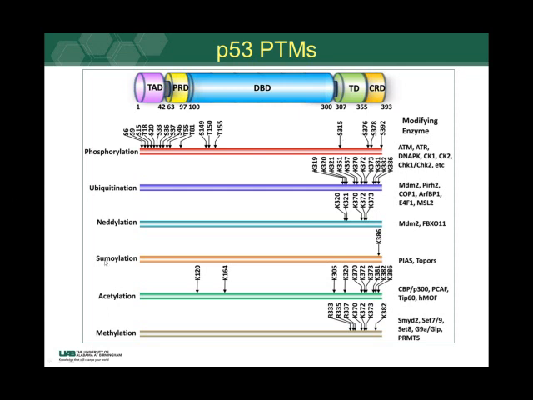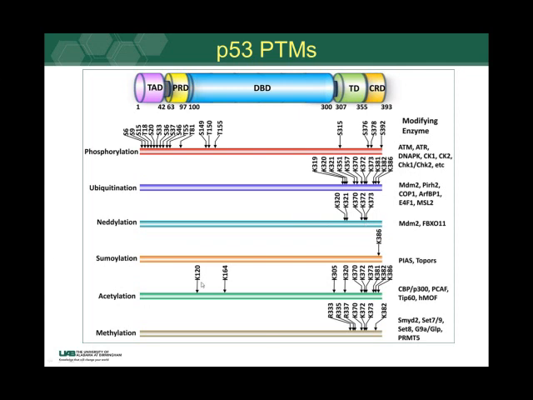Ubiquitination, neddylation, and sumoylation actually occur in different areas, mostly in the C-terminal domain of P53, in the tetramerization domain and in the regulatory domain. Sumoylation is the one that is very simple, and it occurs only on lysine 386 of the regulatory domain.